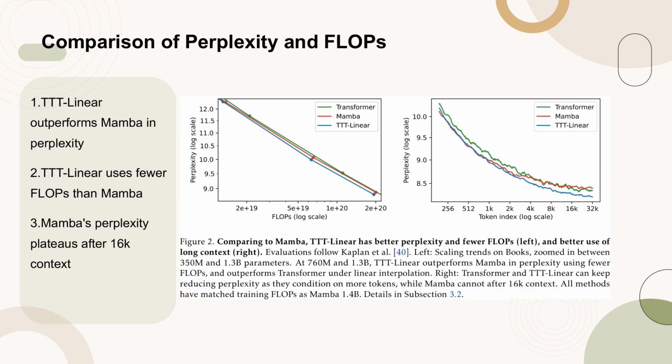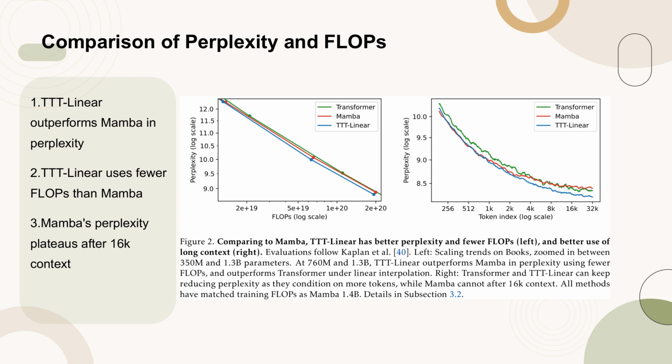Figure 2 compares the performance of TTT linear and Mamba in terms of perplexity and floating point operations, FLOPs. On the left, it shows that TTT linear achieves better perplexity than Mamba at 760M and 1.3B parameters while using fewer FLOPs. This indicates that TTT linear is more efficient in terms of computational cost without sacrificing performance.